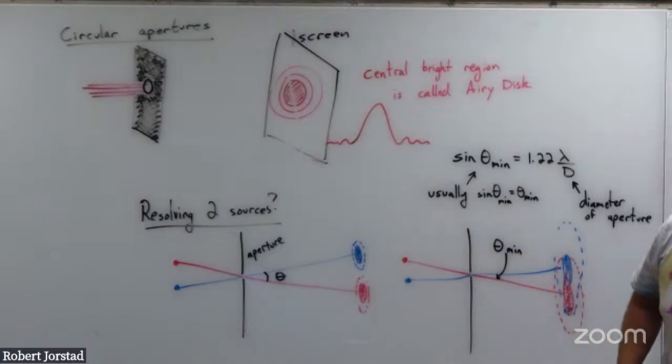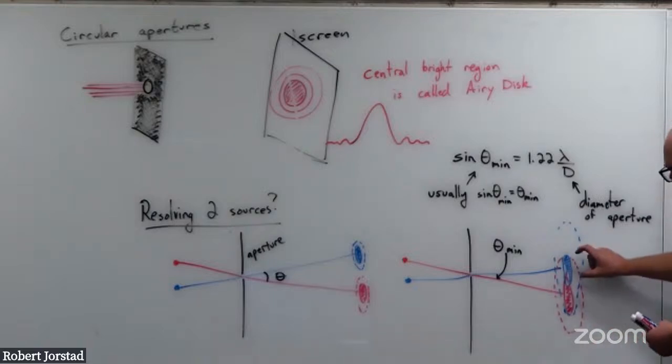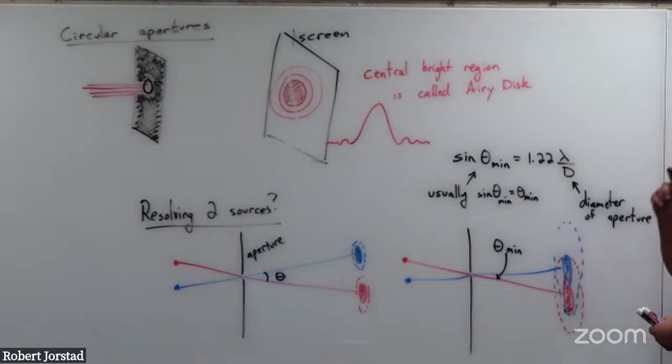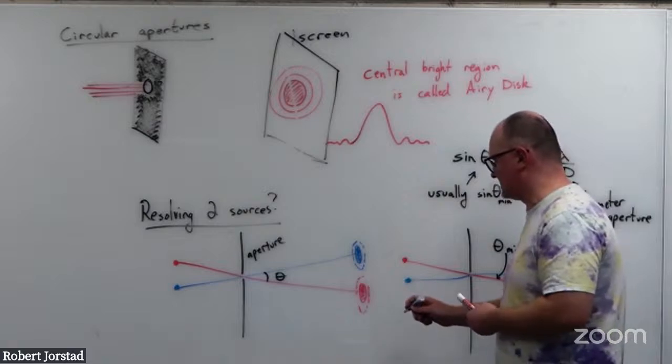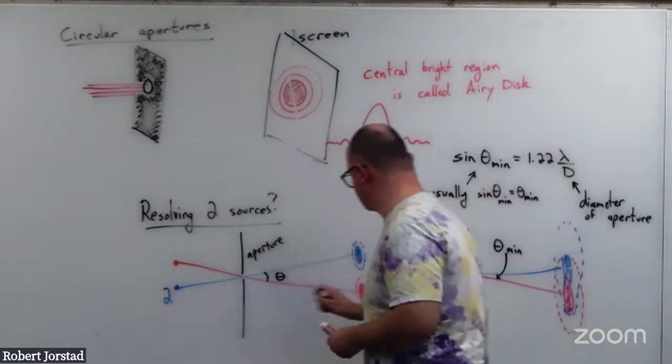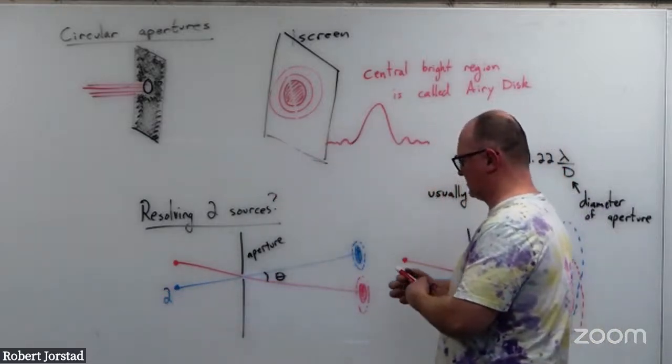I would say it like this. The two Airy disks slightly overlap, and it's such that one central maximum is centered at the other's minima. So for example, if I named these so I could discuss them better, let's say this is source 2 and this is source 1.